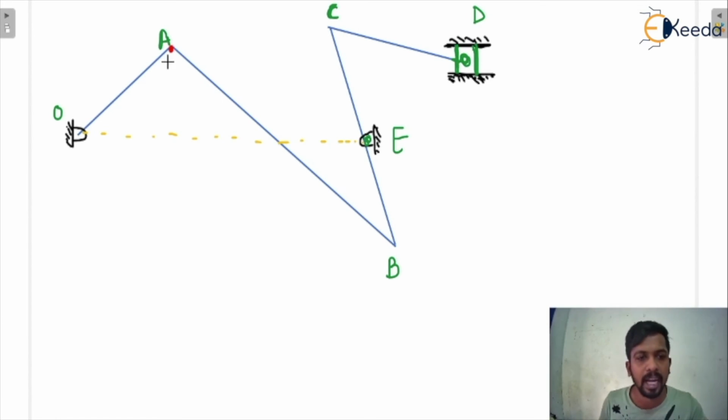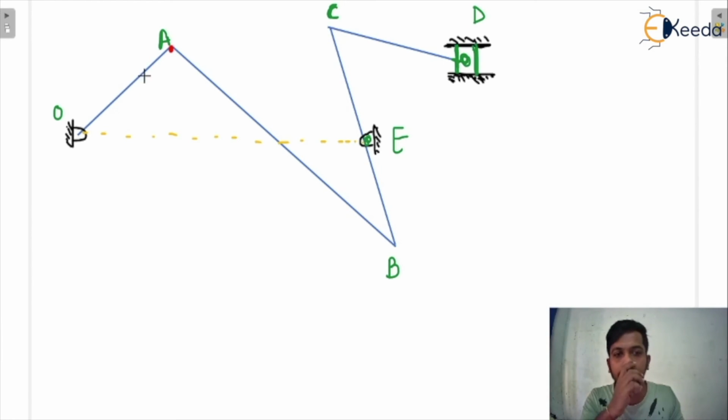So the velocity at point A will be in the perpendicular direction. It depends on in which direction omega is rotating, and the linear velocity depends on the omega direction. So the important thing is that the velocity at point A would be perpendicular to the link OA.